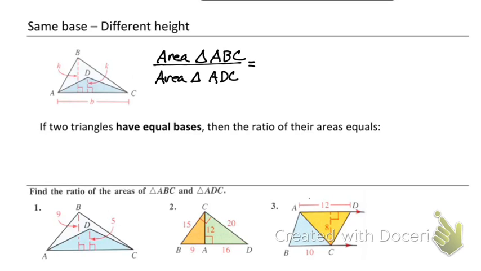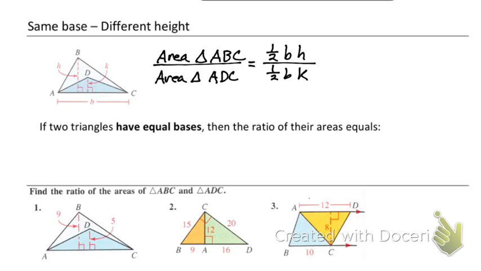ABC is half our base times our height. Well, our base is just B, so half of B, times our height, which is H. All over the area of ADC, which is half of base, which is B again, all over height, well, this height is K.